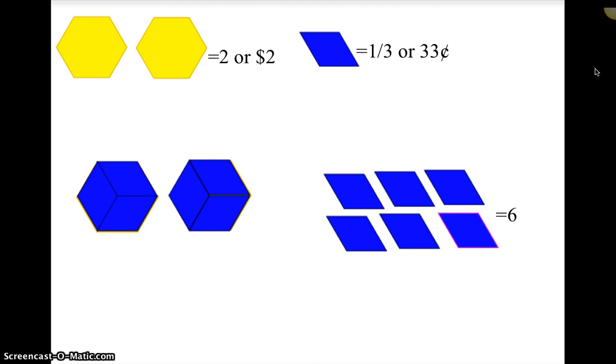So we have our two octagons, which is equal to 2 or $2, and our diamond, which is equal to 1/3 or 33 cents. So when we break apart our octagons, we see that 6 thirds will fit into 2 octagons, meaning that we can have 6 as our final answer.